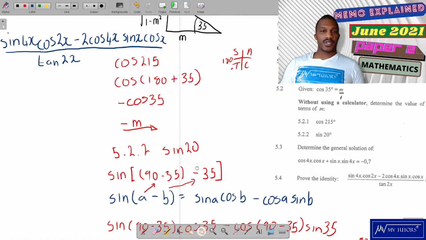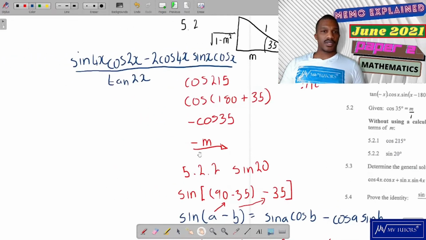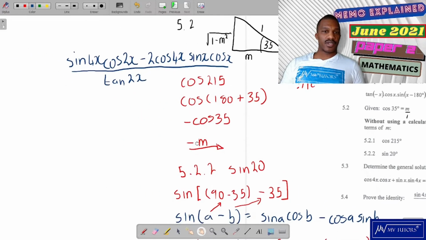All right, need more space, so I'll study it over there. So that's going to be equal.